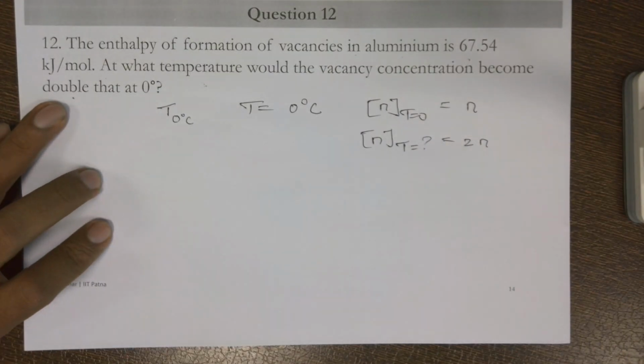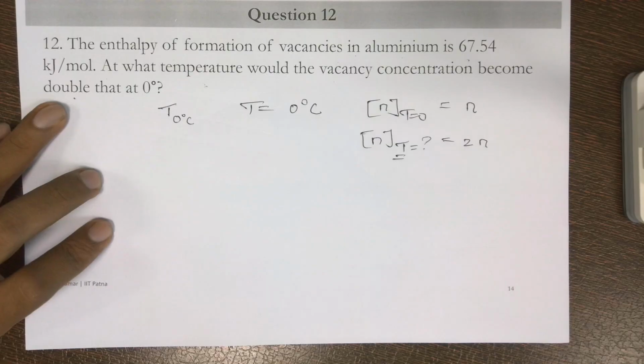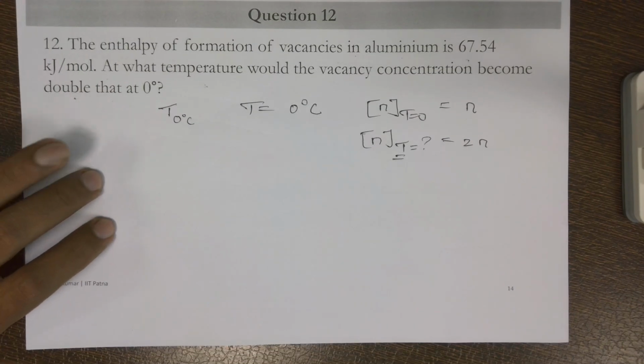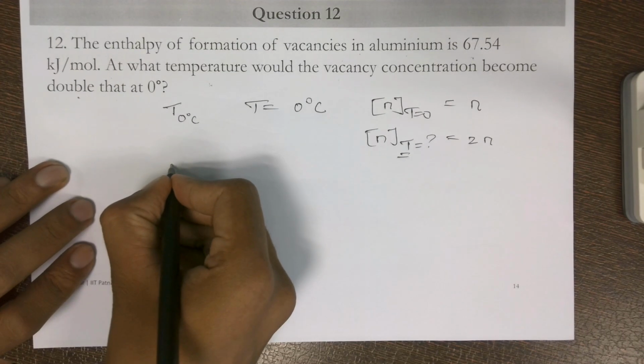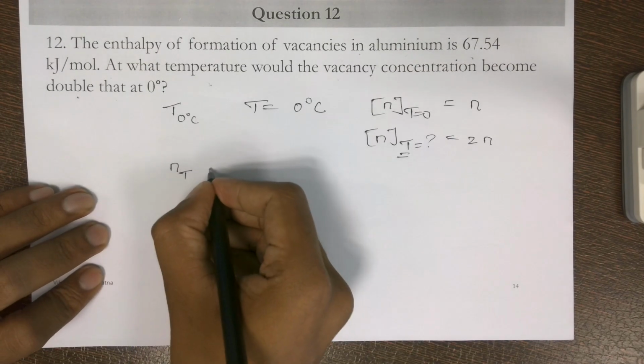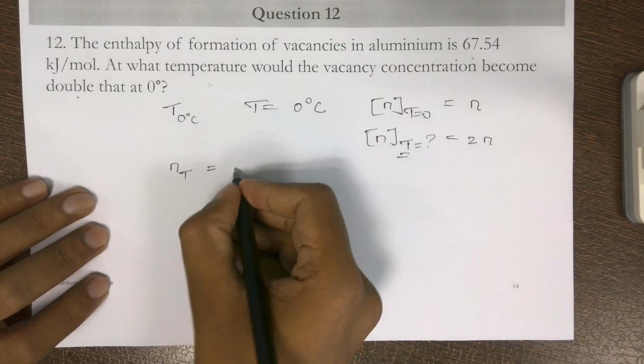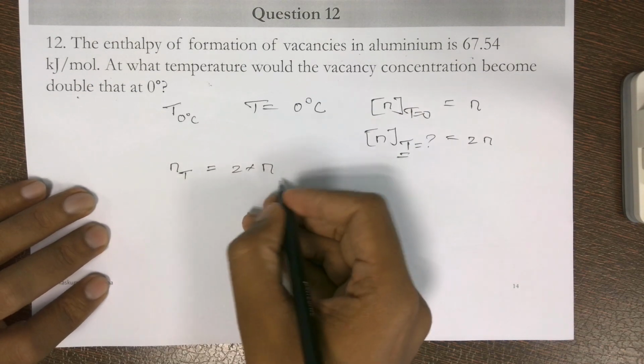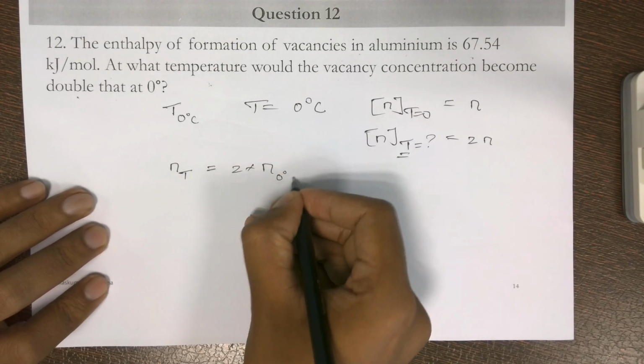Right. So our aim is to find this particular temperature. So the vacancy concentration at a particular temperature T is equal to 2 times the vacancy concentration at 0 degrees Celsius.